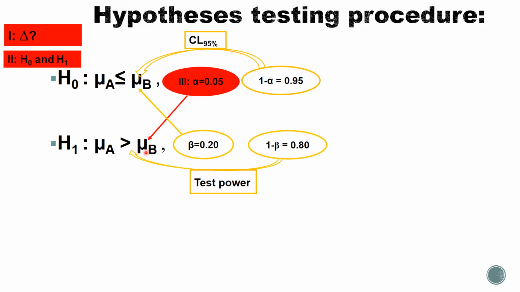In other words, if this really exists, our confidence level, this is also another confidence level, but I'll explain why we call it power of test, our confidence level that there is a difference between the mean hours of sleep of patients who are taking treatment A and patients who are taking treatment B would be, let's say, 80%.